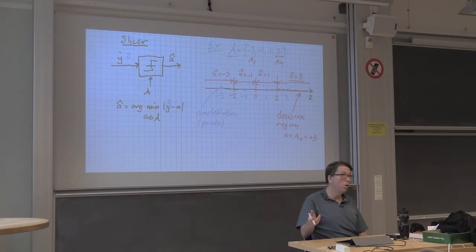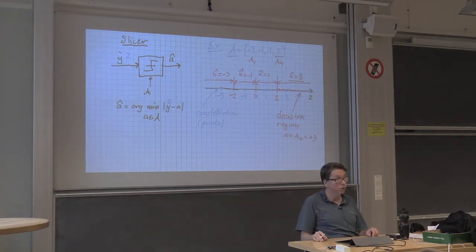As we will see tomorrow when we compute error probability, it does not matter at all whether we go this way or that way. It turns out to be not important. But for real implementation, we need to decide something, of course. Okay, thanks. That was an excellent question. Anything else? Okay.